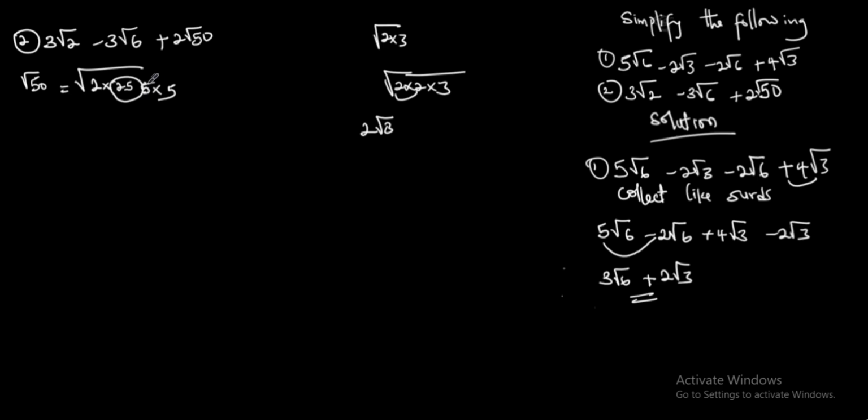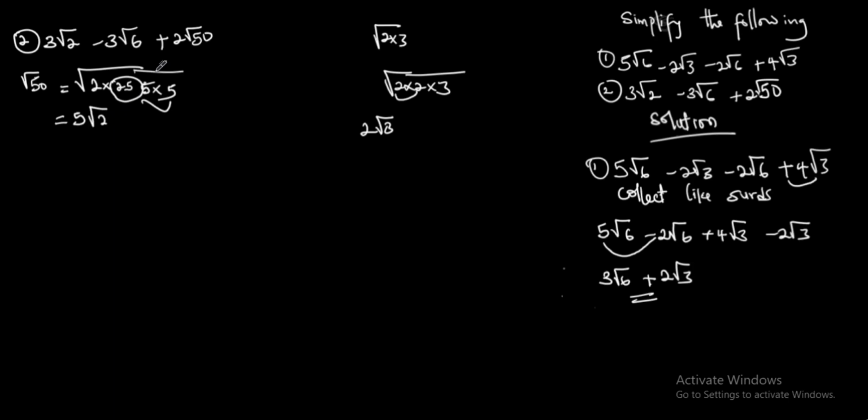Now, if you look at it, we have a pair, which is 5. The pair, which is the root of a number, gives 5 outside the root, and then we have 2 left. So root 50 is the same thing as 5 root 2.